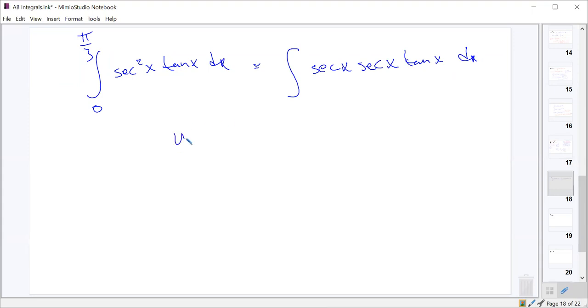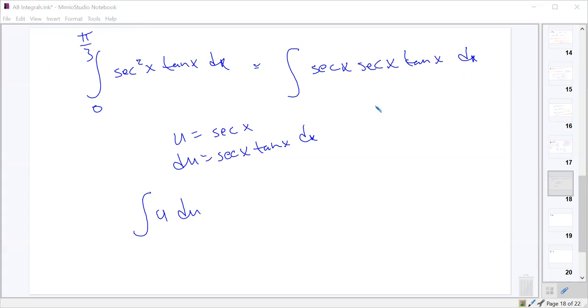And you could have let u equal secant x, and then du would have been secant x tangent x dx. And so we could have also said this was the integral of u du that way, with u equal to secant. And then we would have had to go in and say, well, what's the secant of 0? What's the secant of 0?